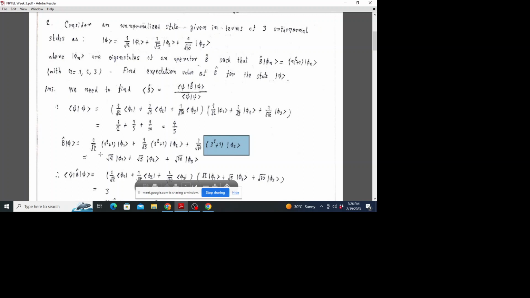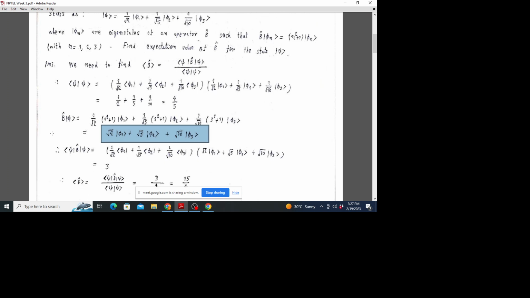Just do this manipulation and you will get the result. The state that is produced when B is acting on ket psi is root 2 phi 1 plus root 5 phi 2 plus root 10 phi 3. This is the new state produced after the action of B.